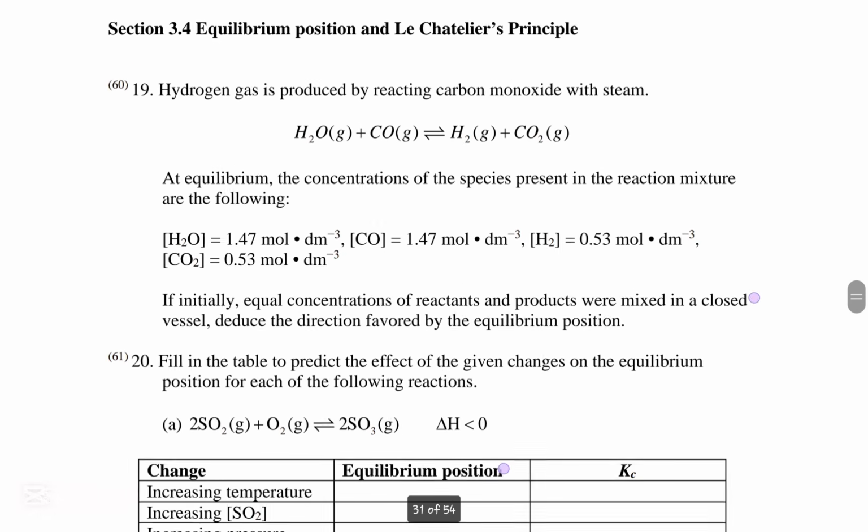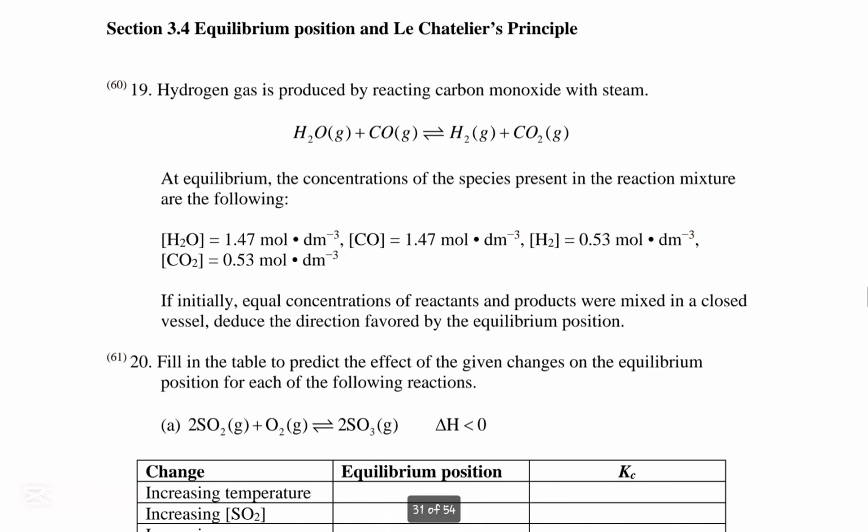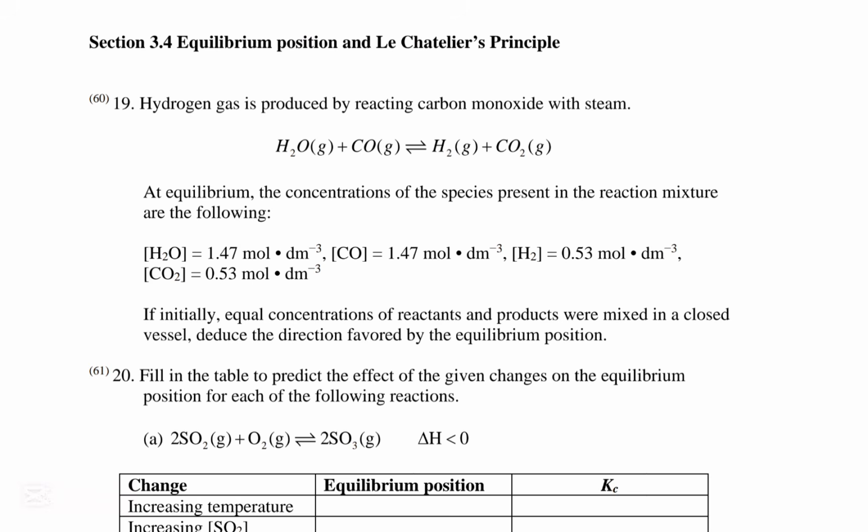What does it say? Hydrogen gas is produced by reacting carbon monoxide with steam. At equilibrium, the concentrations of the species present in the reaction mixture are the following. If initially equal concentrations of reactants and products were mixed in a closed vessel, deduce the direction favored by the equilibrium position.